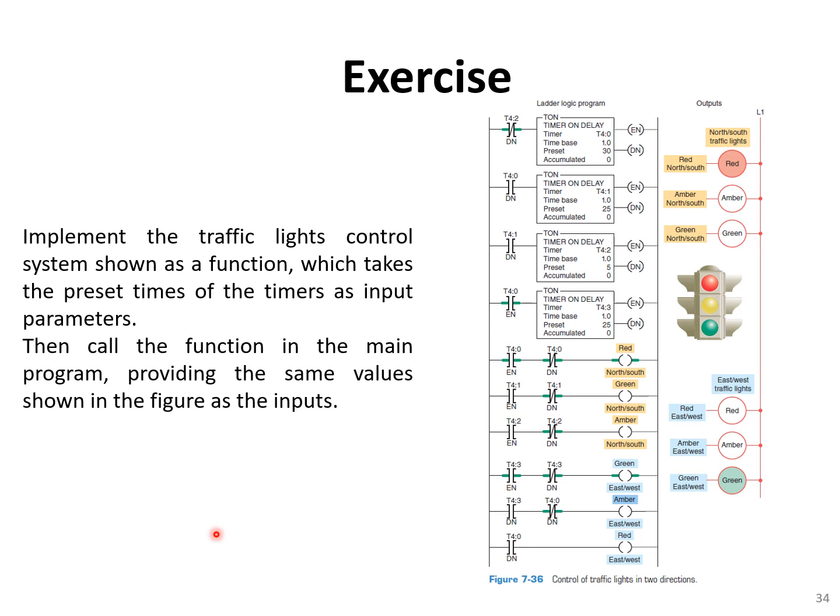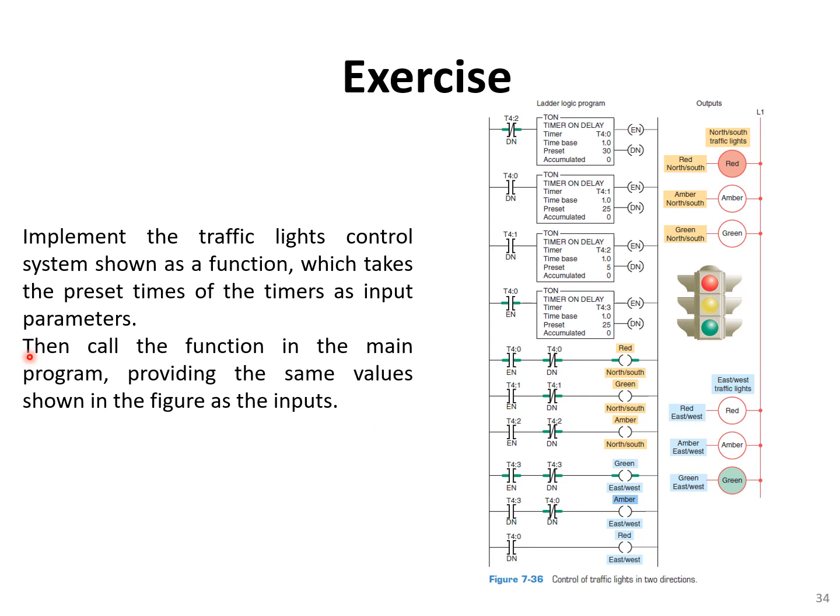Exercise. Implement the traffic light control system shown as a function which takes the preset time of the timers as input parameters. So here we have preset values for these timers, for example 30, 25, 5, 25. We want to have a function that accepts these inputs.